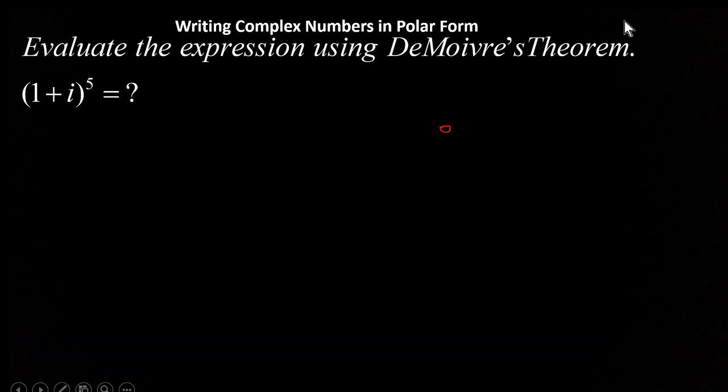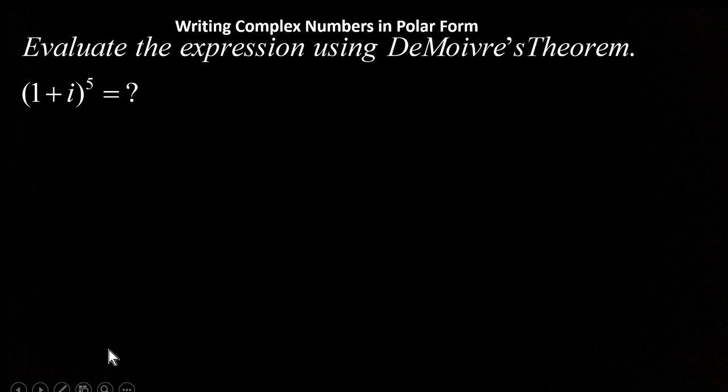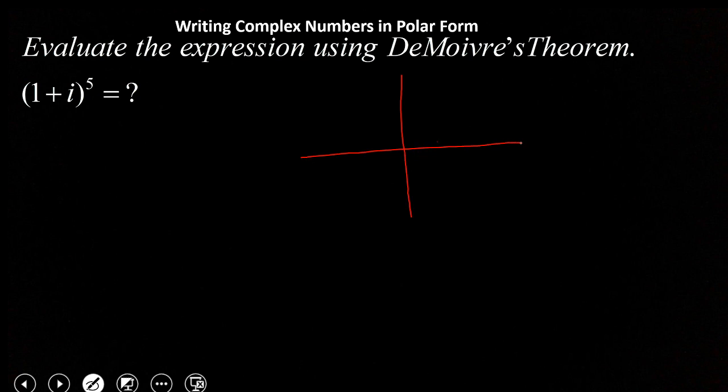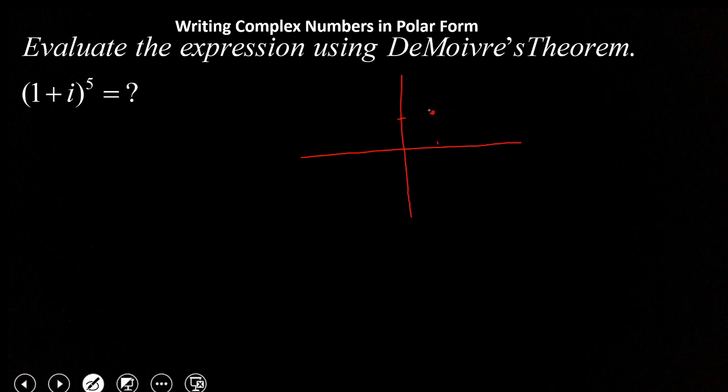So here is 1 and i, which is right there. So that's the point, 1 plus i. And what we want is this distance, and we want the angle.